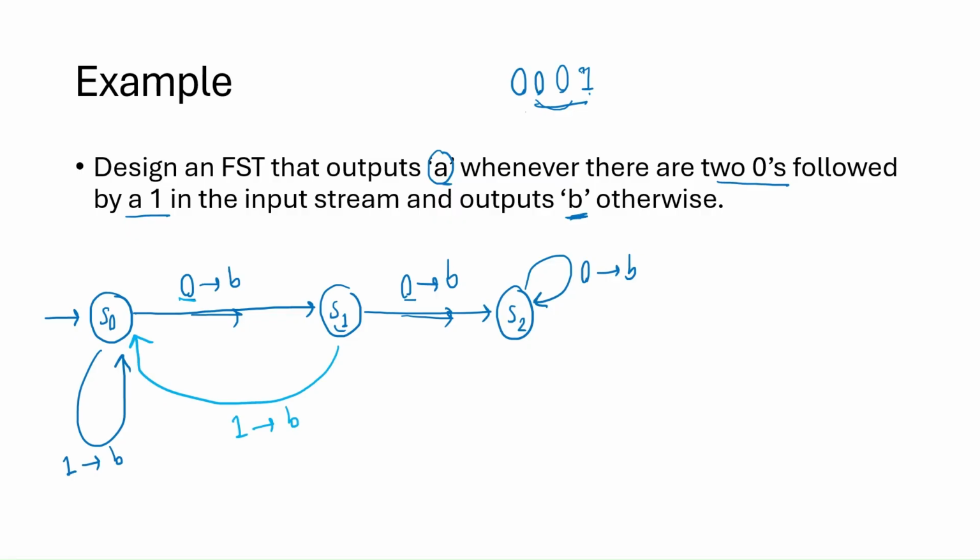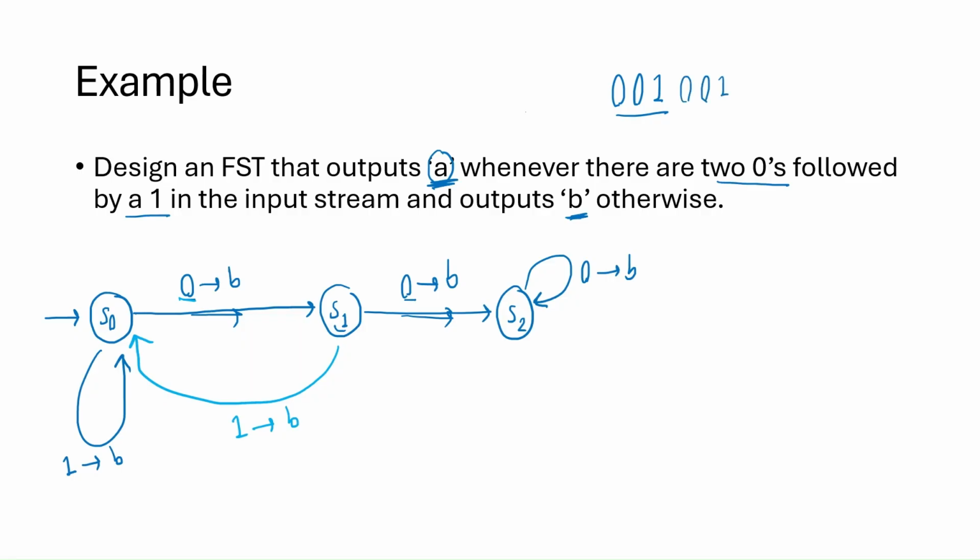And if I am at S2, which means that I have seen the two zeros, waiting for the 1, and I see the 1, then obviously that's the full pattern and I need to output an A. But where should I go? So when I see that 1, that finishes the pattern 0, 0, 1, but then it means that I have to start over for the next 0, 0, 1.